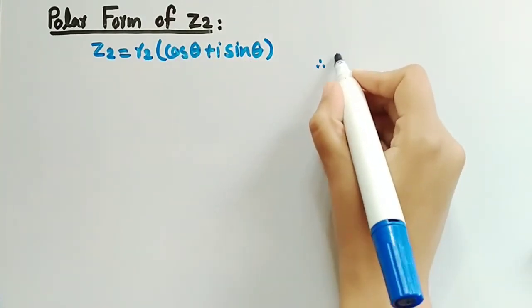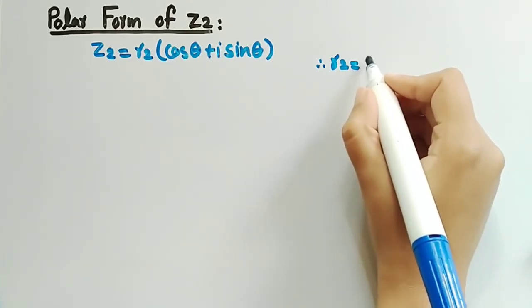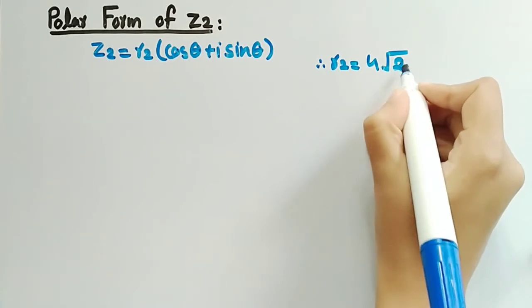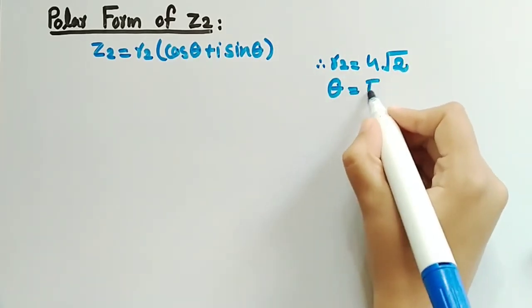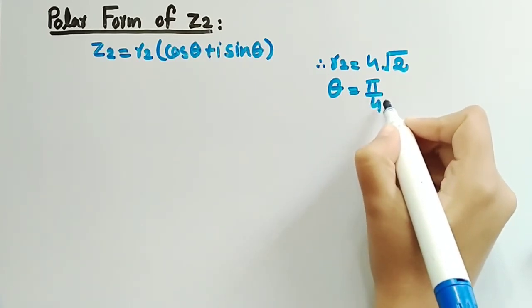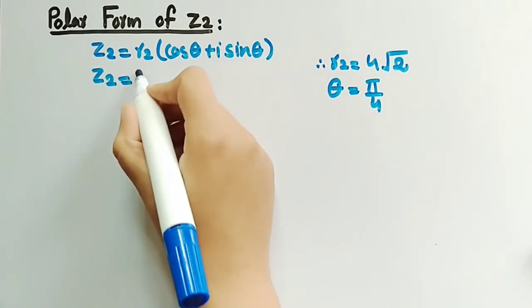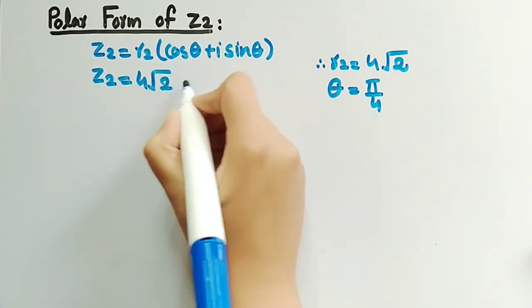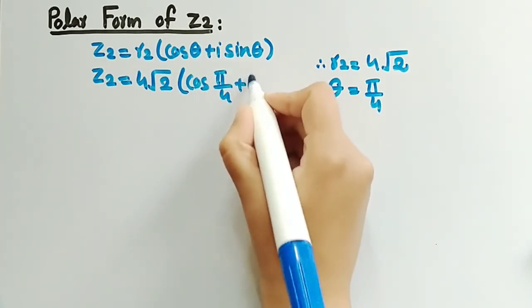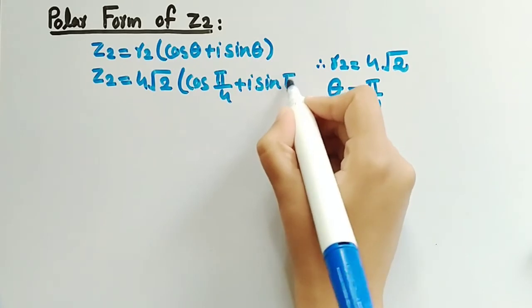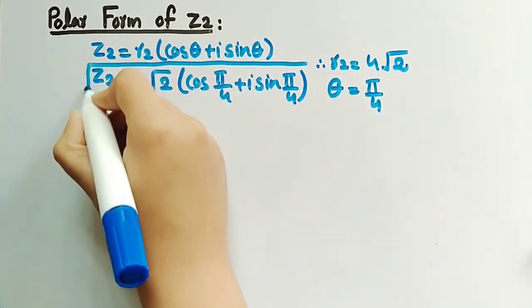And we know that r2 is equal to 4 square root 2 and the value of principal argument theta is equal to pi by 4. So we will replace these values in this equation and we will get z2 is equal to 4 square root 2 cos pi by 4 plus iota sin pi by 4, and this is the polar form of the complex number z2.